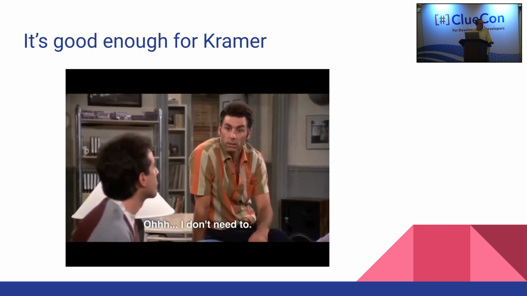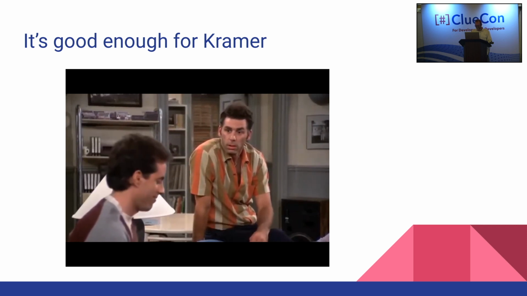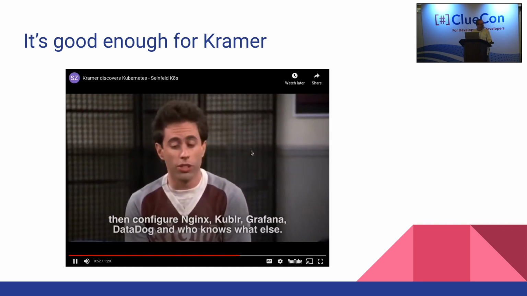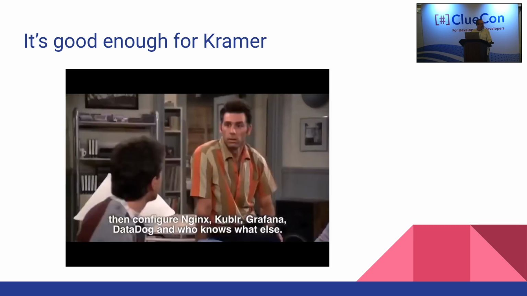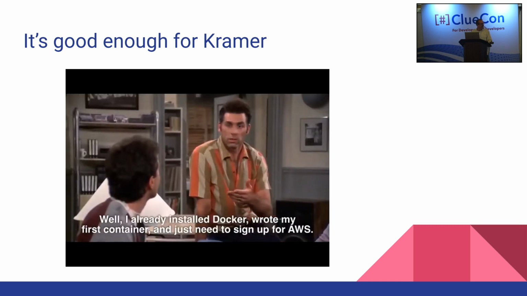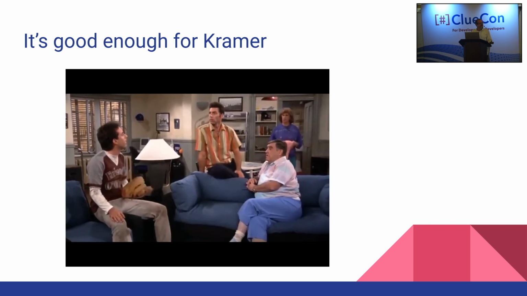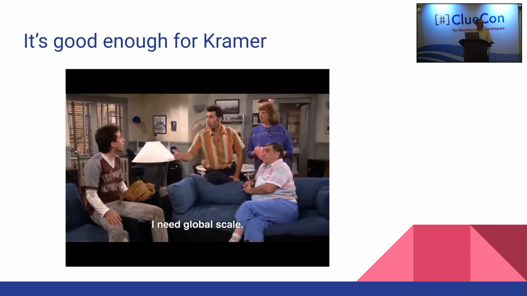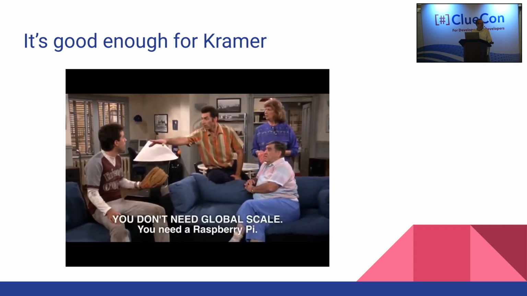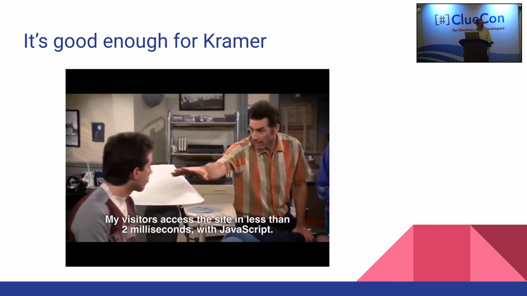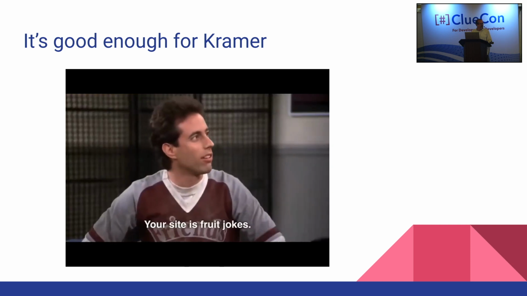Oh, I don't need to. And why is that? It's in the cloud. There's a reason it's serverless. Oh, for sure. You just need to write the code, orchestrate the containers, then configure Nginx, Kubler, Grafana, Datadog, and who knows what else. Well, I already installed Docker, wrote my first container, and just need to sign up for AWS. Hey, this is going to cost you thousands. Don't you just need a Next.js site? Yeah, well, this time you're wrong. I need global scale. Seriously? You don't need global scale, you need a Raspberry Pi. My visitors access the site in less than 2 milliseconds with JavaScript. Your site is fruit jokes.